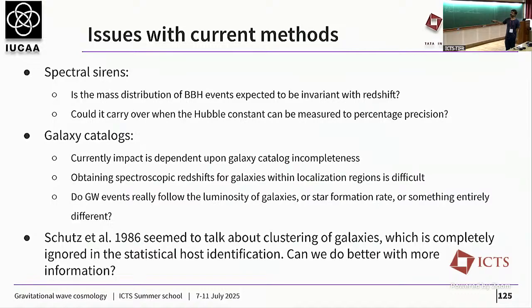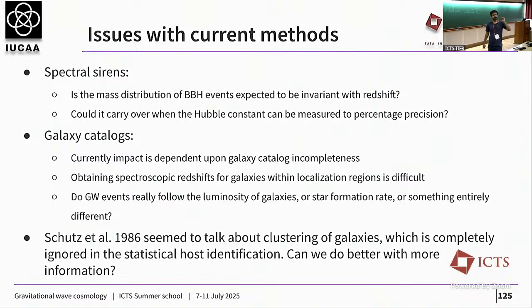Then if you look at galaxy catalogs, you will say that, okay, let's forget our spectral sirens. I will just use the galaxies that I see in order to infer the Hubble constant by using the redshifts of these galaxies. The problem is these galaxy catalogs are very much incomplete.